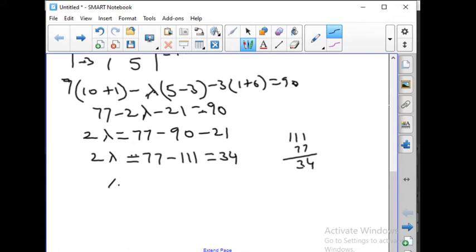So lambda is equal to minus 34 by 2, which is equal to minus 17. Okay, we'll go to the next question.